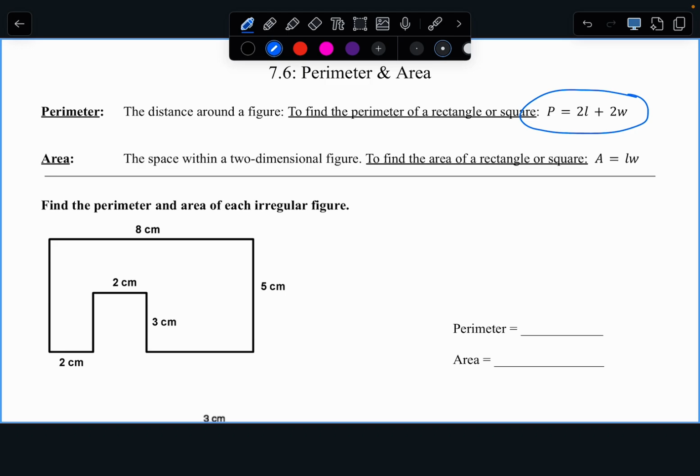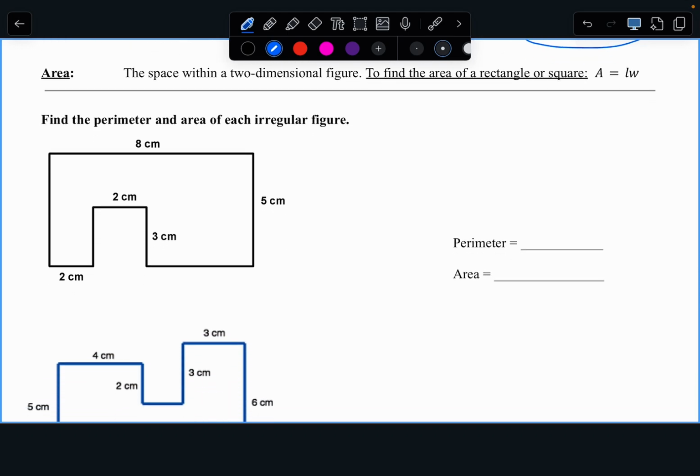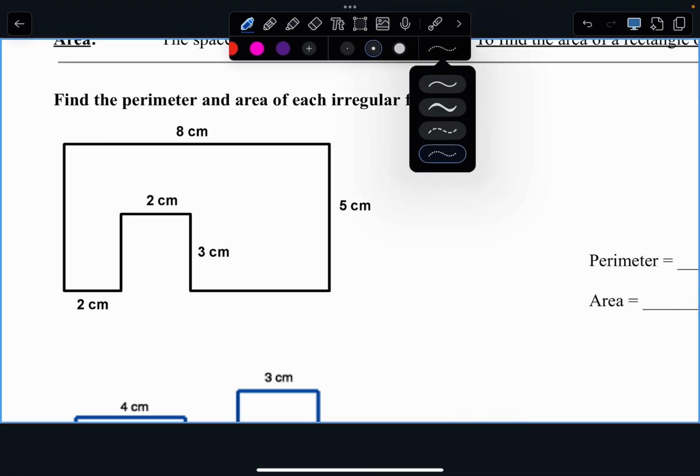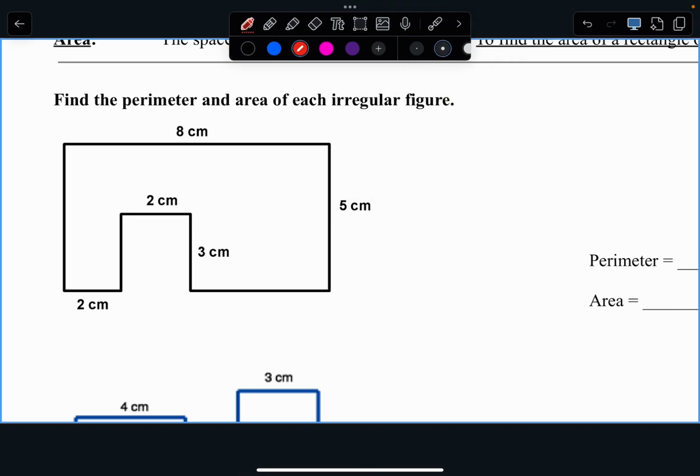So when we have irregular figures, we can split it into regular figures. Let me show you what I mean by that. If I split this here and here, I can split those into 3 different rectangles.